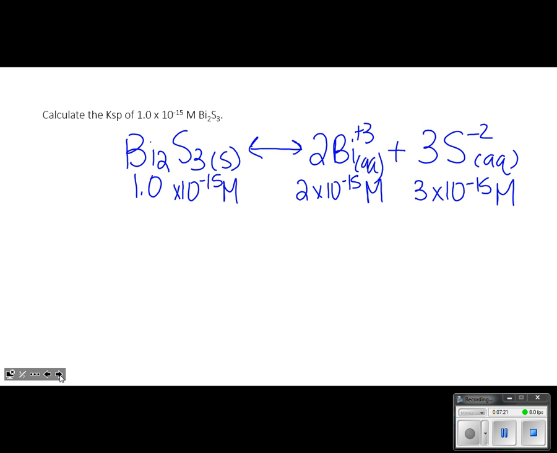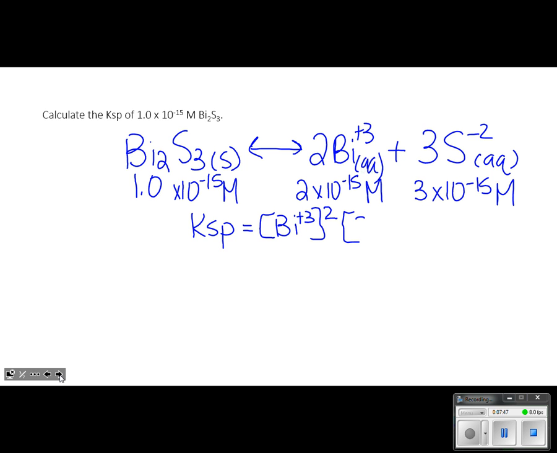Now they have asked us to solve for the KSP. So let's write our KSP expression. We have our bismuth. Now be careful here, it needs to be squared, and that's something you got to be careful of when you're looking at the concentrations. We not only doubled the concentration, but then we're going to square it down here when we're solving for our KSP.